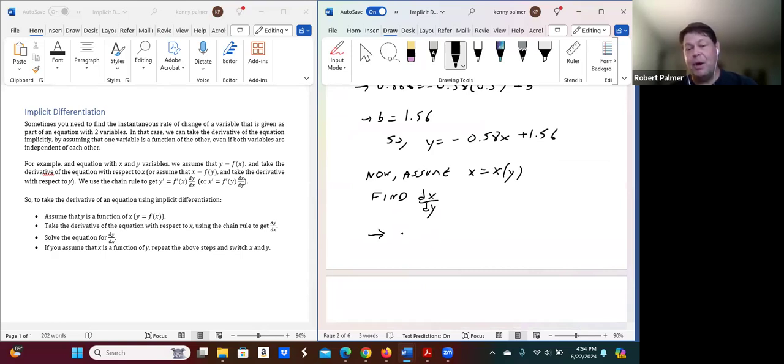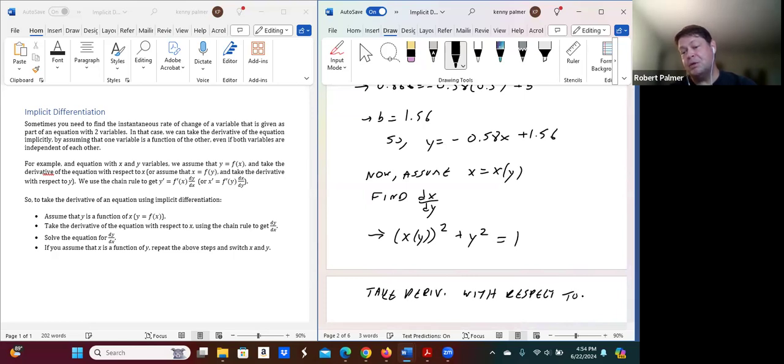So our equation was x squared plus y squared equals 1. So we have x of y, a function of y, squared plus y squared is equal to 1. Now what we're going to do is take the derivative with respect to y, just the same as we did with x.